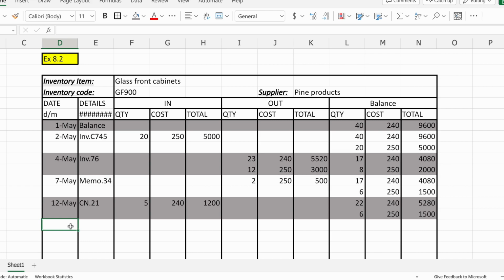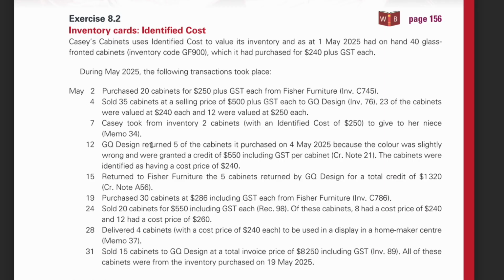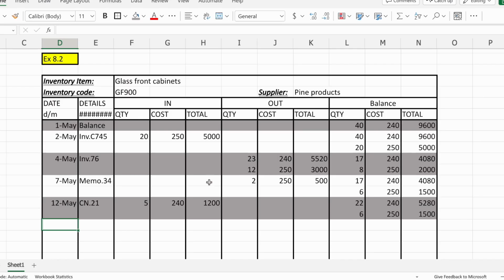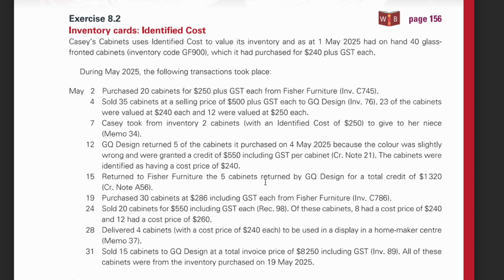Now let's go to the next effect, which was the 15th. Returned to Fisher Furniture the 5 cabinets returned by GQ Design for a total credit. Now this is also recorded in a credit note. The 5 that were here, they said returned to Fisher Furniture, where we originally bought it. So it's a purchase return because we purchased it and now we're returning it to the same business.